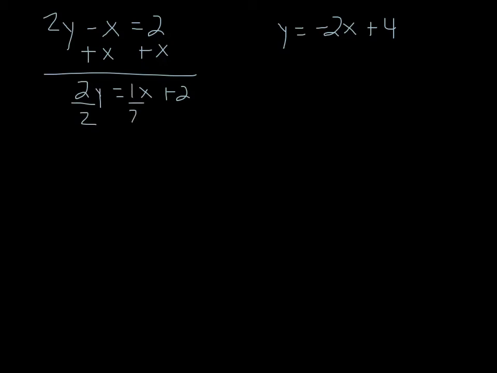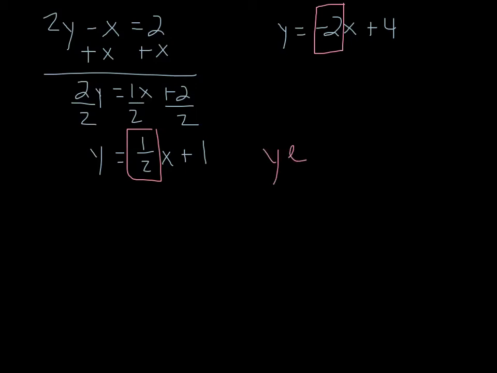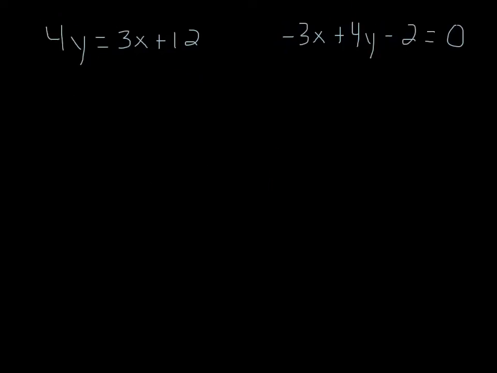So we get y equals 1/2 x plus 2 over 2 equals 1. And then y equals negative 2x plus 4. Let's take a look at our slopes. We have 1/2 and we have negative 2. Those are reciprocals, and one's positive, one's negative. So yes, those are perpendicular. Cool. Alright, let's go to the next one.